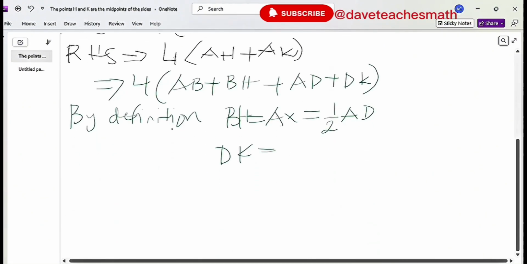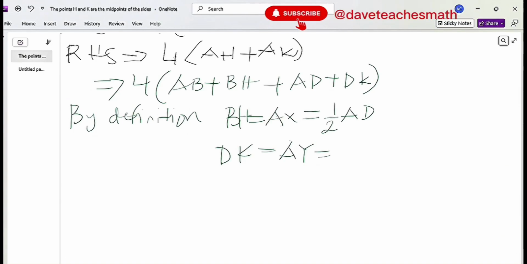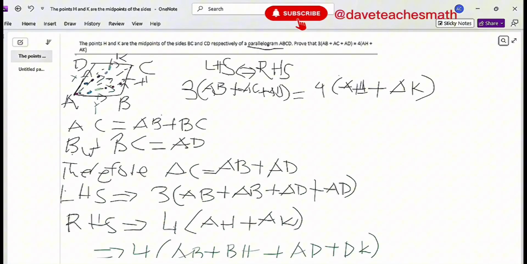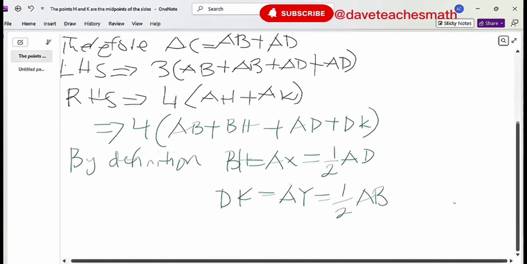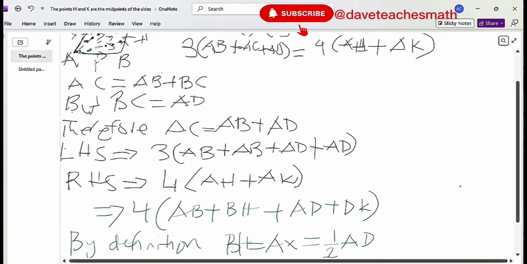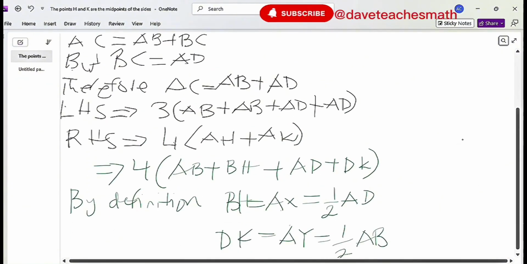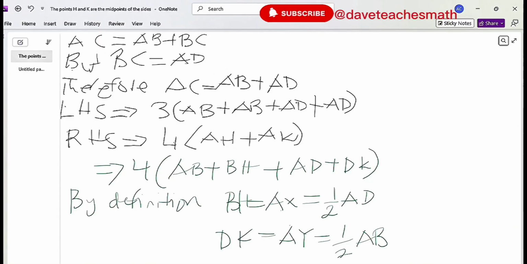So we can establish that DK is equal to AY, which is half of AB. Now we've been able to express all the vectors in forms that we want to actually work with.